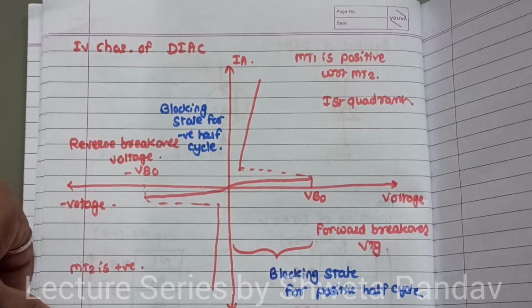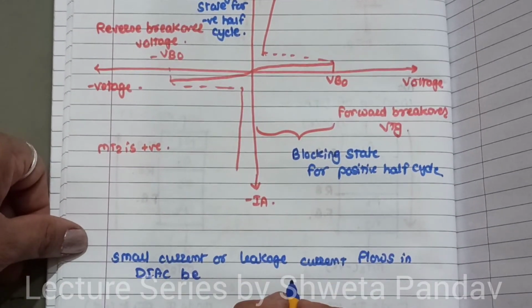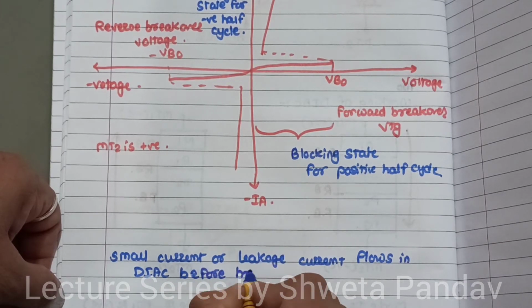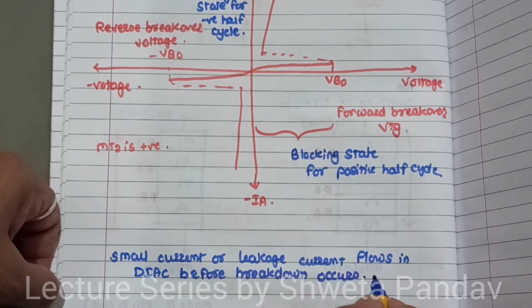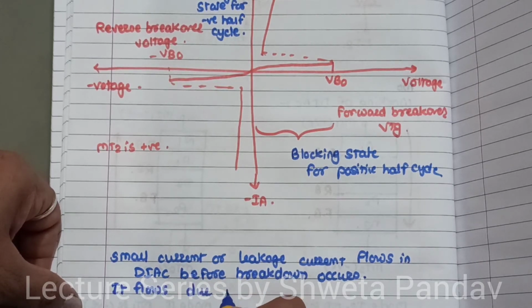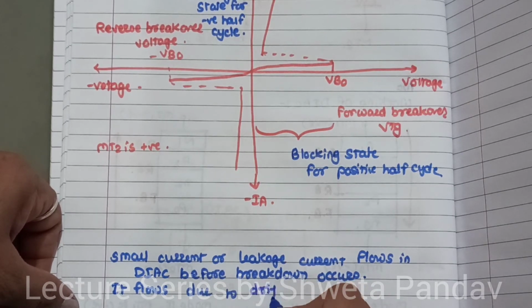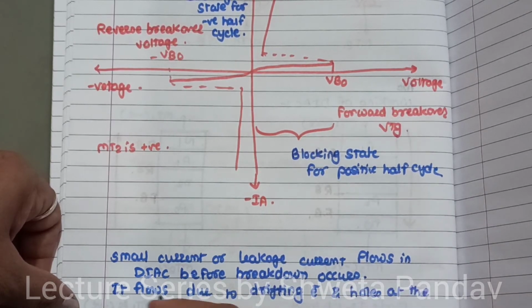It flows in the DIAC before the breakdown occurs, due to drifting electrons and holes at the depletion region.